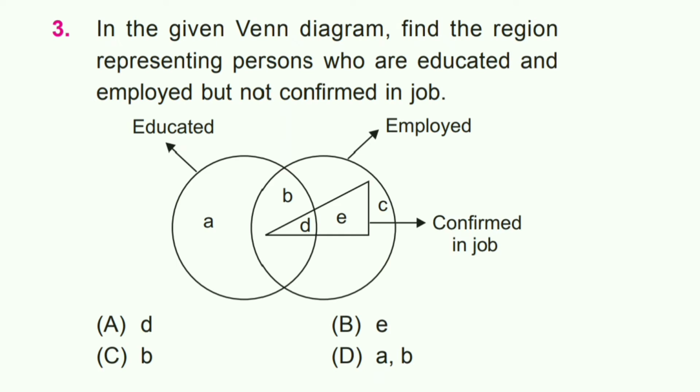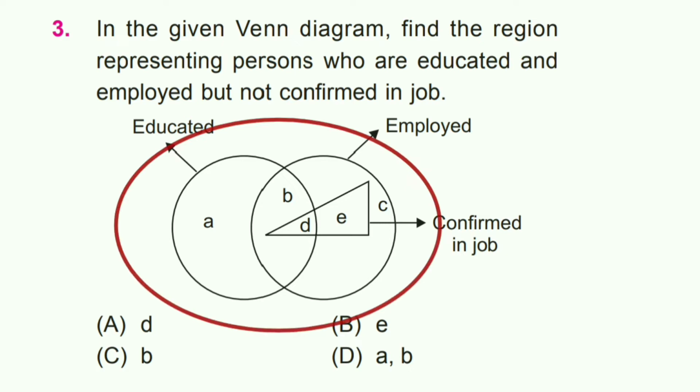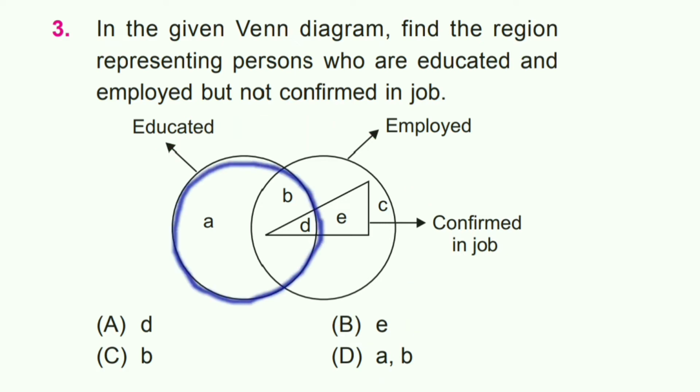Question number 3. In the given Venn diagram, find the region representing persons who are educated and employed but not confirmed in job. This is the Venn diagram. This circle represents educated people, and this circle represents employed people. This triangle represents confirmed job.